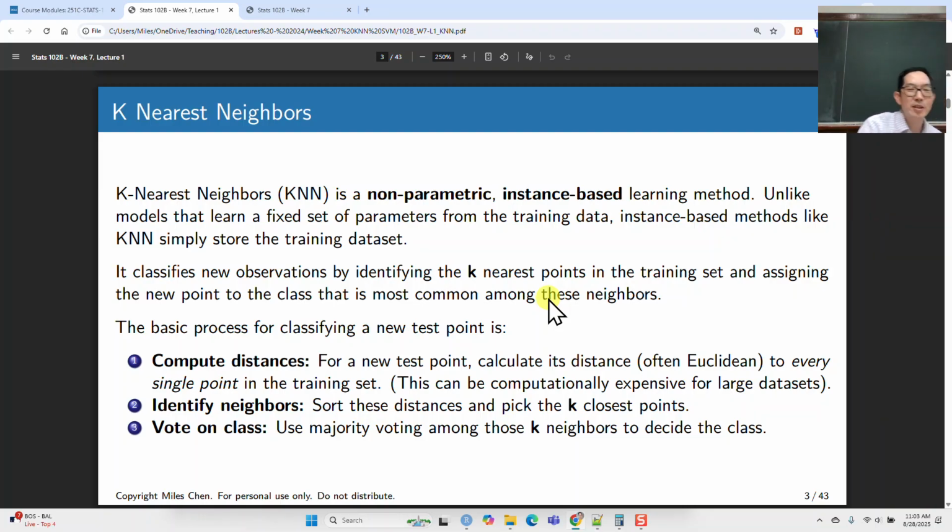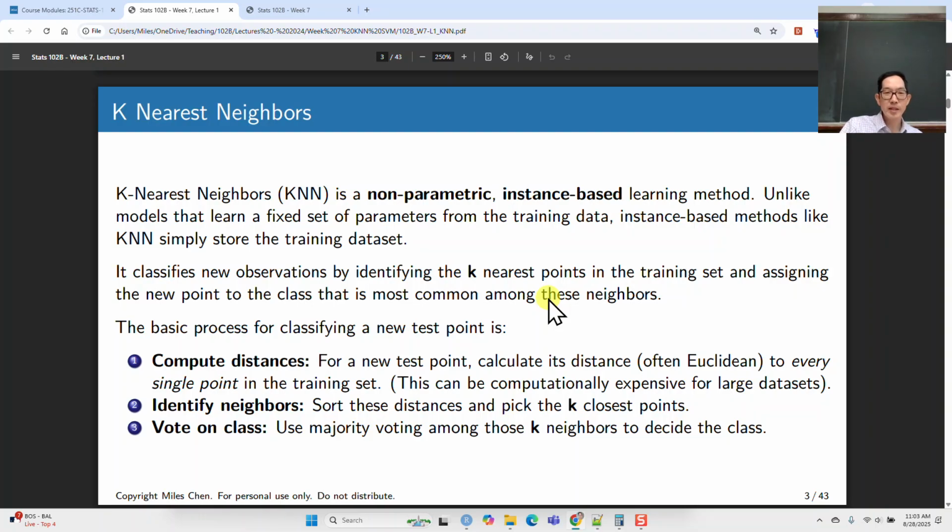Here with k-nearest neighbors, we don't care what system is generating our values. We just say, oh, these are the values. So it's non-parametric. We're not going to try to figure out what is the distribution behind our values.